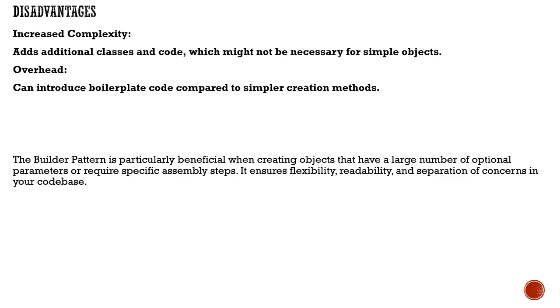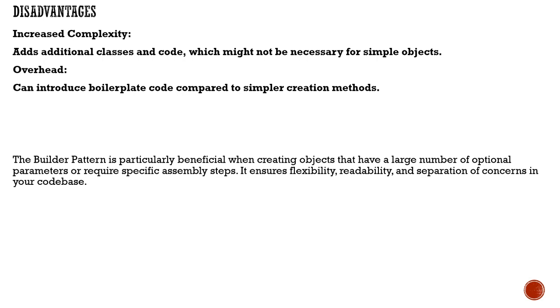There can also be an overhead where you introduce some boilerplate code as compared to simple object creation like the new keyword, with some additional steps involved. But ultimately this particular design pattern addresses a certain problem.